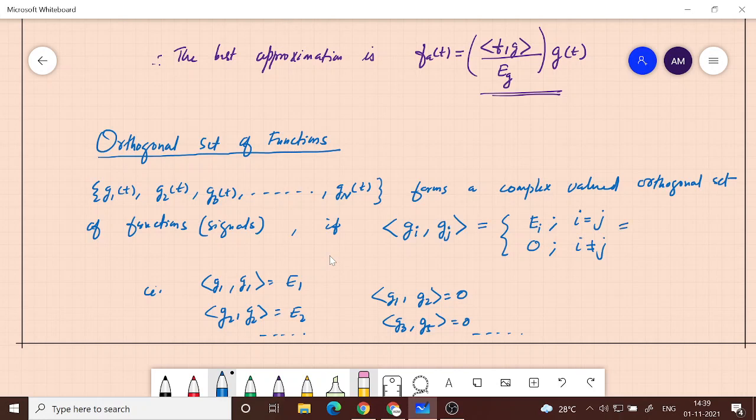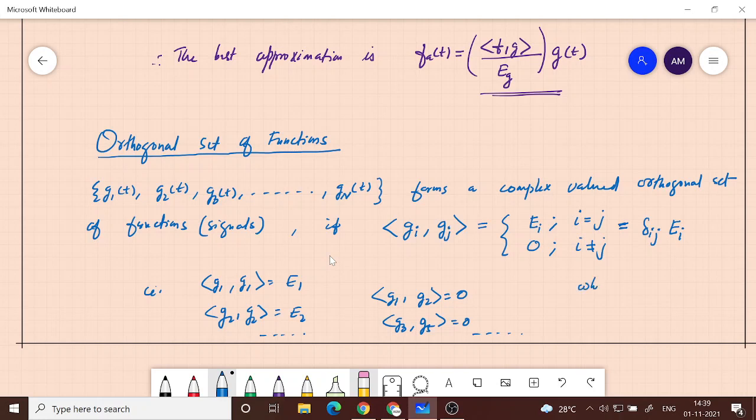And this you can write in a shorthand notation: delta_ij times E_i. Whatever I have written in this bracket is a short way of representing the same idea. Delta_ij equals 1 if i equals j, and 0 if i is not equal to j.